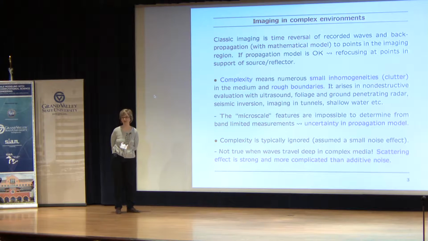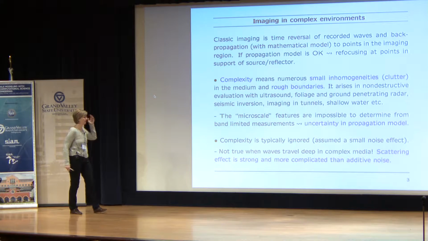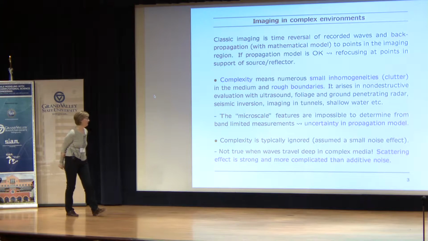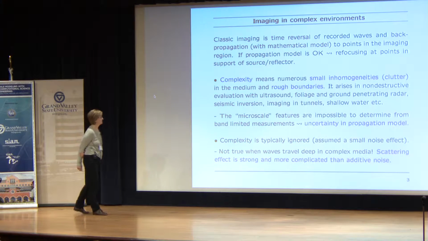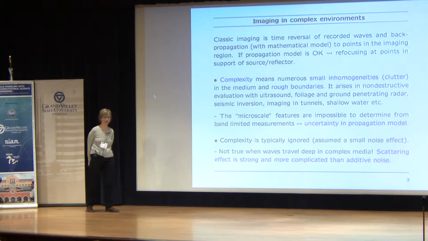So clutter there will consist of the many, many pebbles that you have in the concrete. They also arise in foliage and ground penetrating radar. So in foliage, the leaves in the forest will be small inhomogeneities. It arises in seismic inversion, imaging in tunnels, imaging in shallow water.